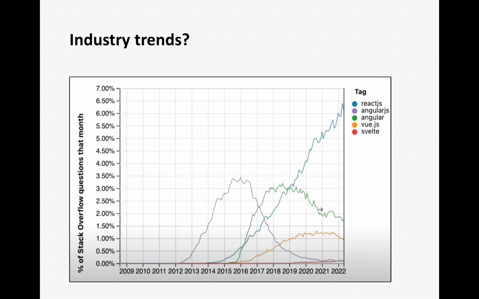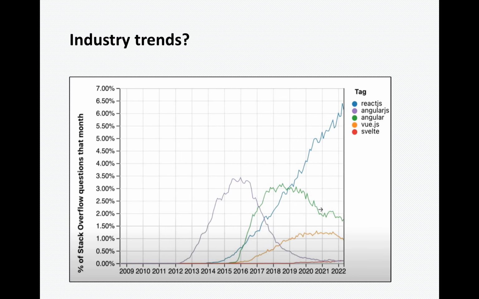React was started for public use in 2013, and you can see this blue line of React, which is rapidly growing, and at most places, most companies are using it. As compared to Angular and Vue.js, React is a winner, and it is now famous, and most of the industry is using React.